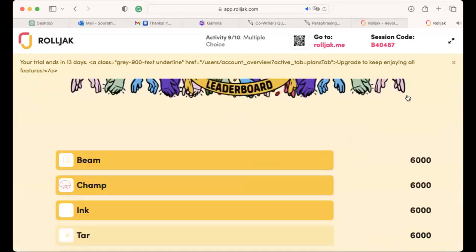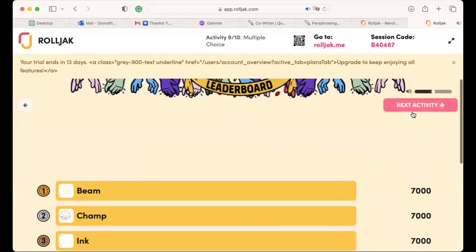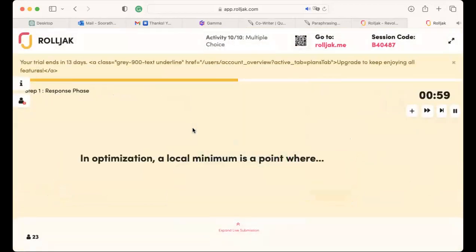Approach the last. A local minimum, a point where.